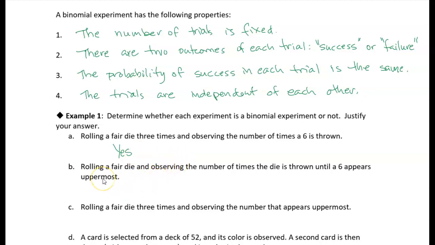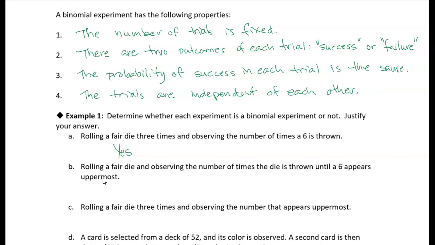So let's take a look at the second one. In this one, we roll a fair die and observe the number of times the die is thrown until a 6 appears. Well, let's go down our checklist again. Is there a fixed number of trials?